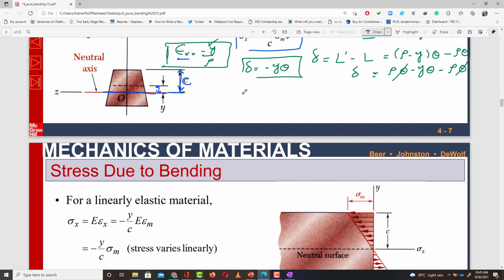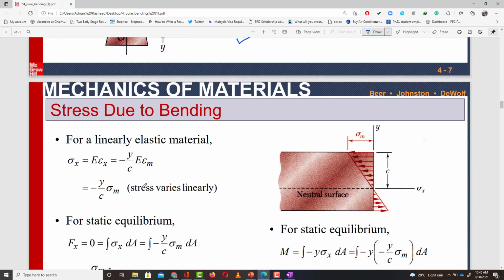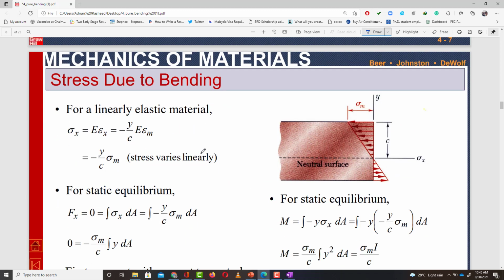Now as there is strain in the upper and lower portions, there will be strain in the concave as well as the convex portion. In the concave portion, the strain is negative, so there will be a compressive stress. And in the convex portion, the strain is positive, so there is a tensile stress. So how will you find these stresses?